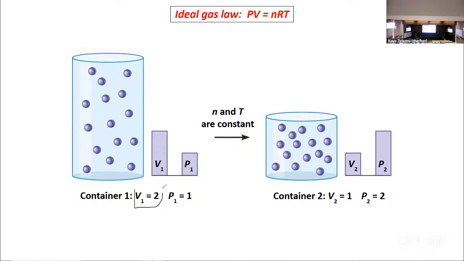We've got a volume of 1, a pressure of 2, a volume of 2, a pressure of 1. So volume higher, pressure lower. You can see these gas molecules are nicely spaced out, relatively low pressure in this larger container. As we contract that container and make it smaller, we've compressed it, we have halved that volume, so now we're down to a volume of 1.